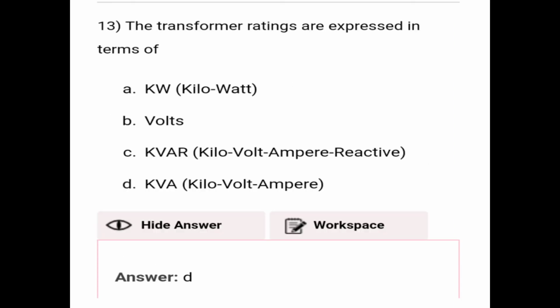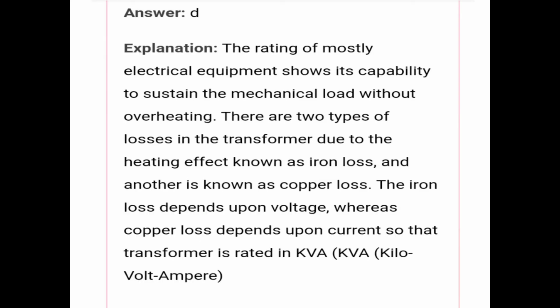The next question is: the transformer rating is expressed in terms of kW, volt, kVAR, or kVA? The correct answer is option D, kVA, that is kilovolt ampere. Explanation: the rating of most electrical equipment shows its capability to sustain the load without overheating.